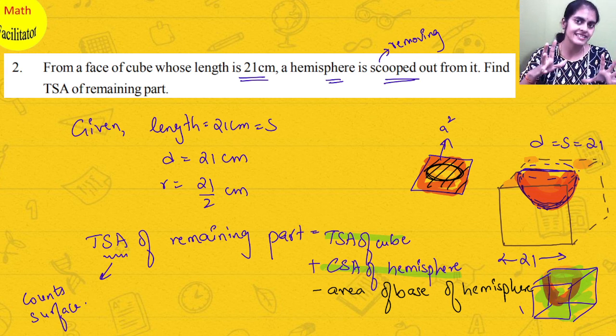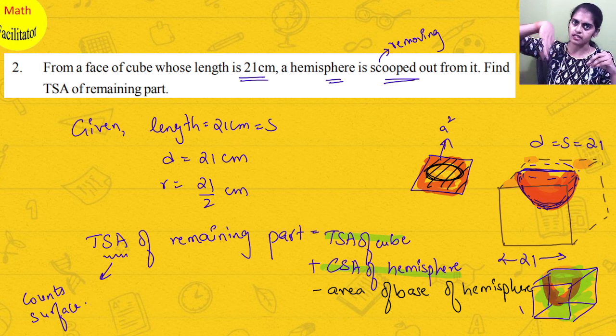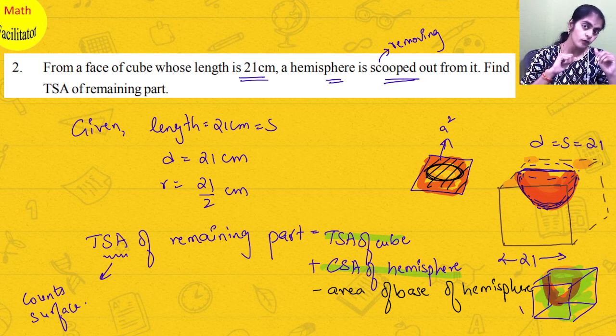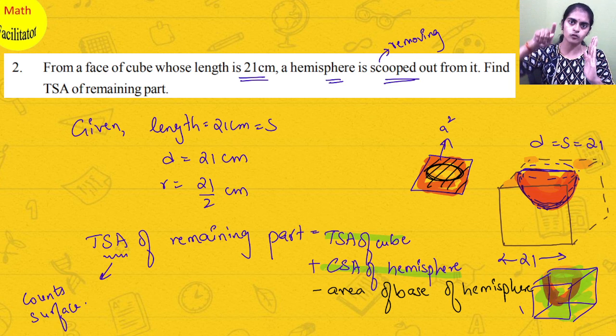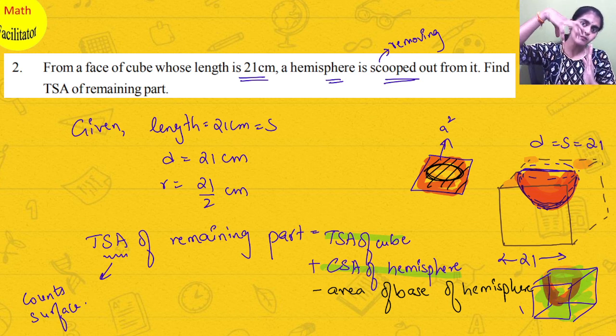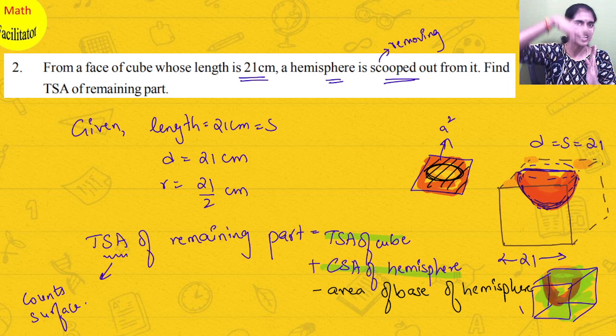Now whatever total area you are having, the total area you have to take. Firstly, since it is a cube, I have taken 6 sides of a cube. Now you have a hemisphere, so I have taken the curved surface area of hemisphere. Now the logic is, you have a cube and you have a hemisphere scooped out, but you have taken the total surface area. So in the top surface of the cube, the circular portion of the hemisphere is actually removed.